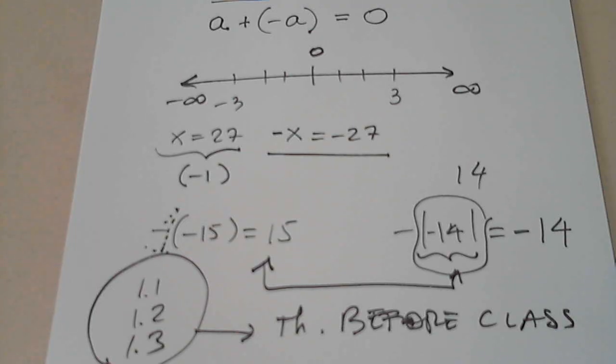Okay, so write a computation to represent the situation and interpret your answer. So I owe you $16 and I ask for 32 more. So I owe you 16 and I said I don't have the money yet, but I really need another $32. How much do I owe you right now? You're kind enough to give me 32.